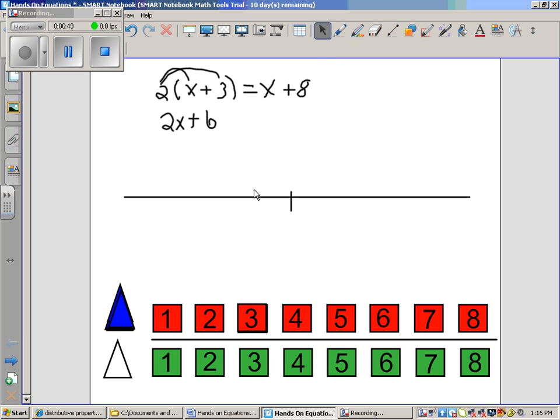And then I can put my pieces on my scale.